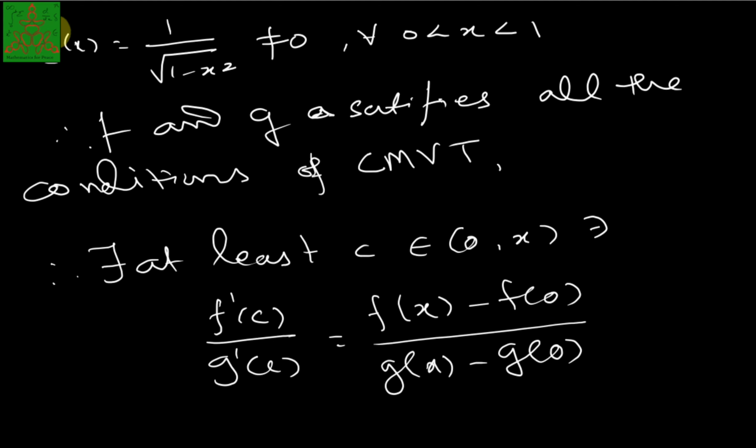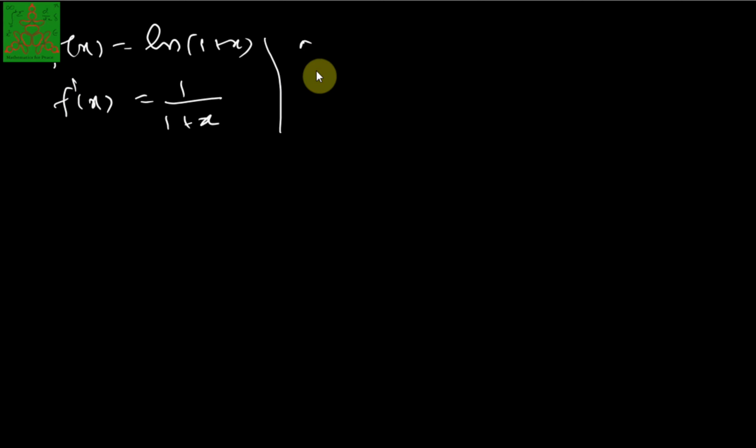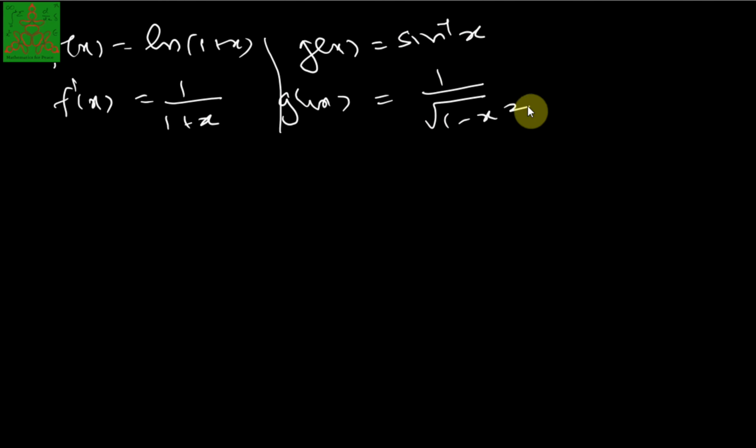As we have f which is ln of 1 plus x, the derivative is 1 upon 1 plus x. G of x is sine inverse of x, and the derivative of sine inverse of x, as we did earlier, is 1 upon square root of 1 minus x square.